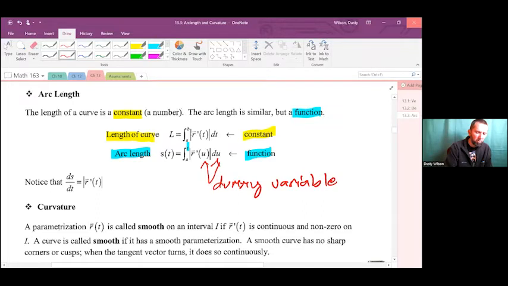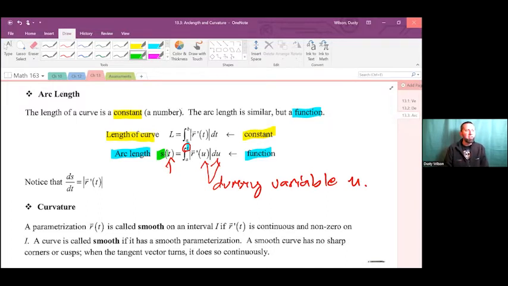Dummy variable u, since we have that t inside our upper limit, making this a function of t. So just to repeat again, in this particular part of calculus, when you see s, it is virtually always going to represent the arc length or the arc length function.